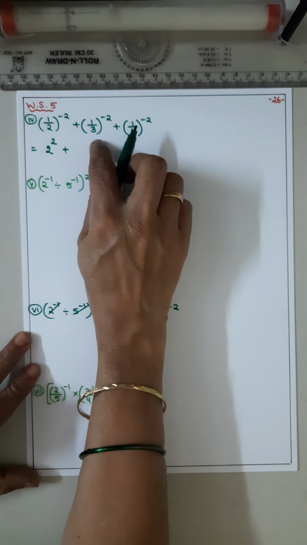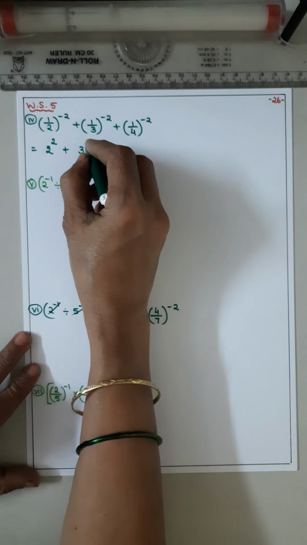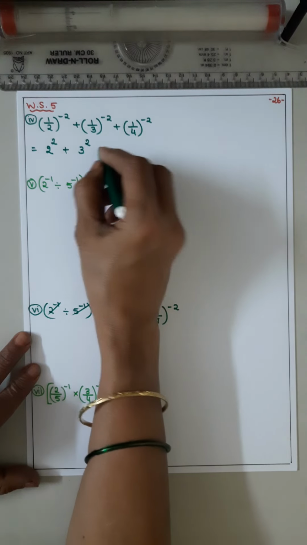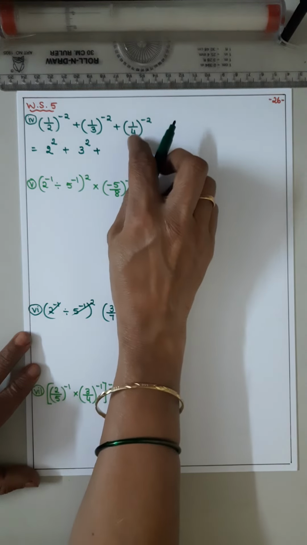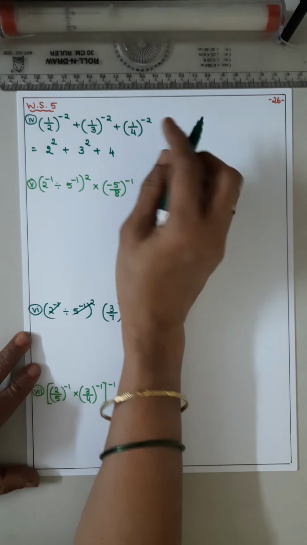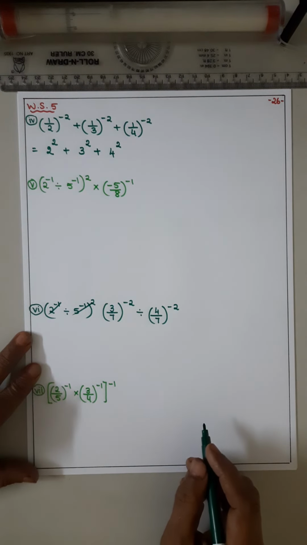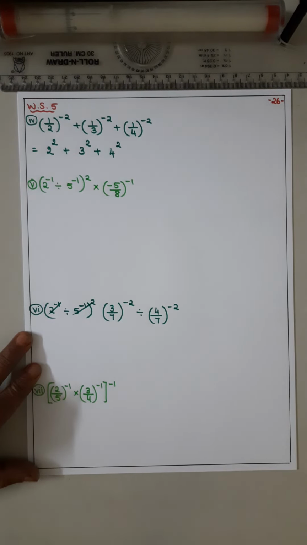Now 1 by 3 का reciprocal है 3 and the power negative 2 becomes plus 2. Plus 1 by 4 का reciprocal 4 और ये बनेगा minus 2 का 2. क्यों ऐसे किए? When the power is negative, write the reciprocal and put the positive power.